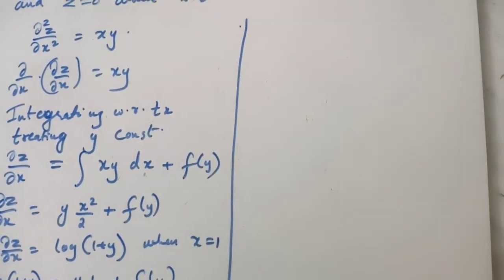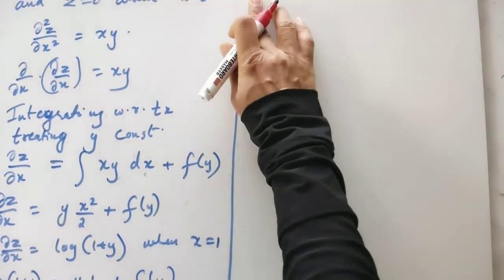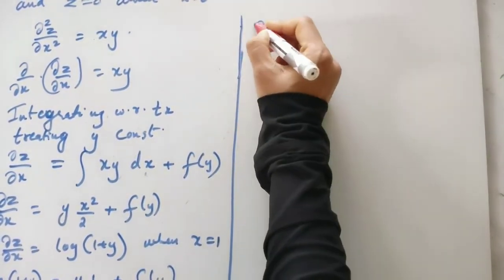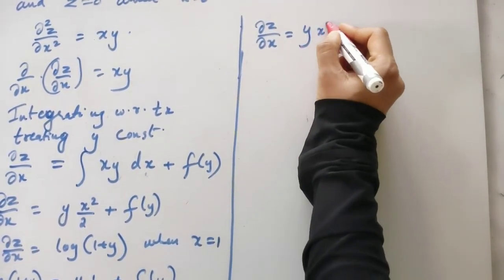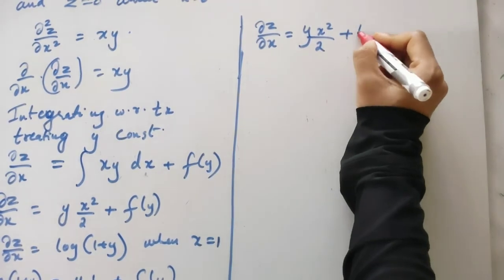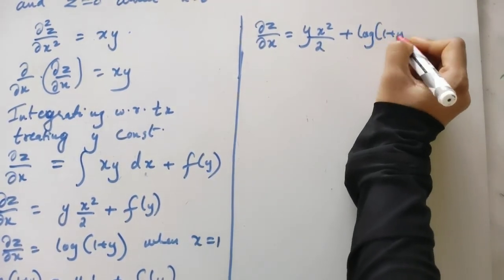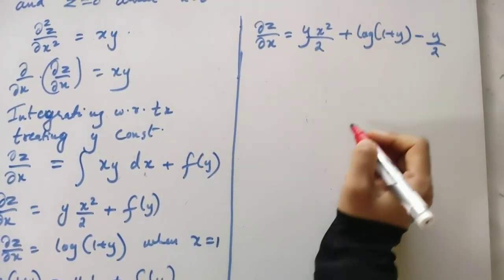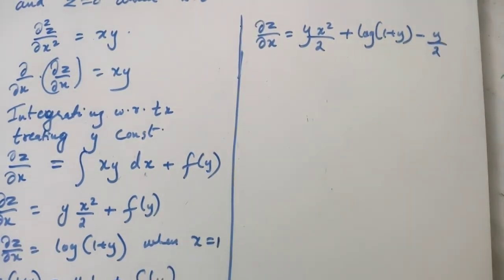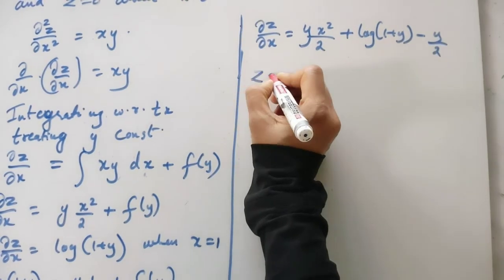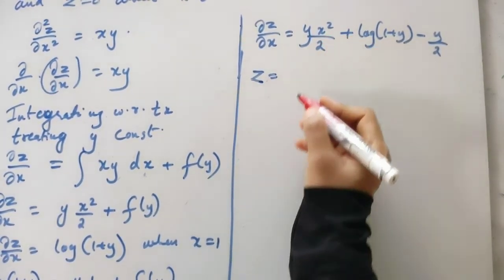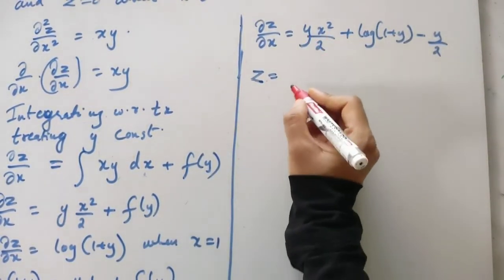So you have got ∂z/∂x is equal to y into x square by 2 plus log of 1 plus y minus y by 2. So integrate this with respect to x, treating y constant. The left hand side is z and the right hand side we are integrating with respect to x. Again y is constant.